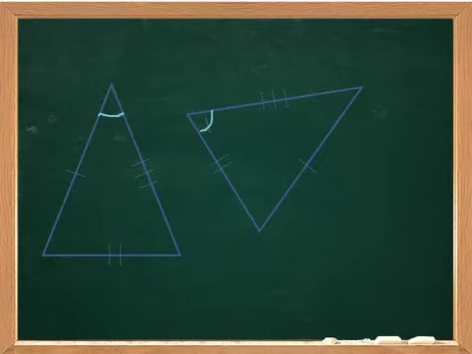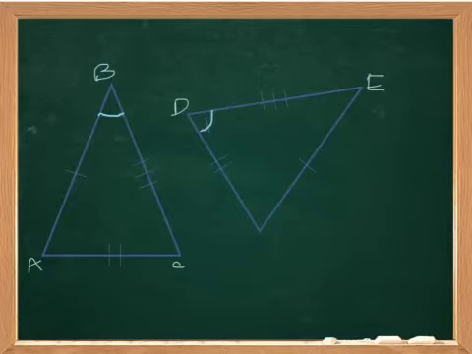Finally, given this picture, how would you prove triangle ABC is congruent to triangle DEF? Using the two postulates that we just found out about, which one or which ones, you could use both, would be best to prove that these two triangles are congruent? Well, we can see that corresponding sides AB and FE are congruent.